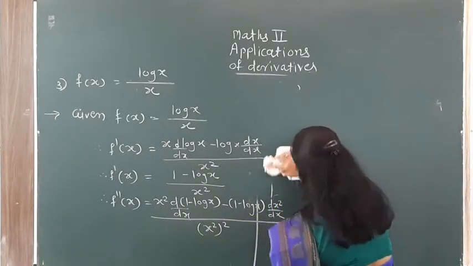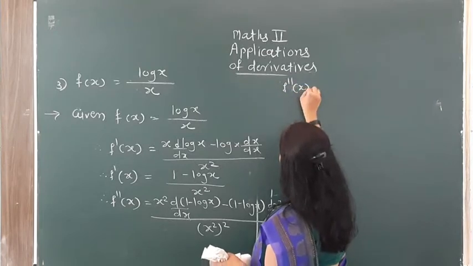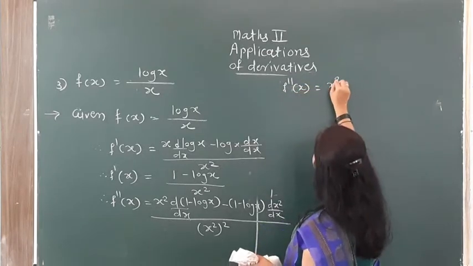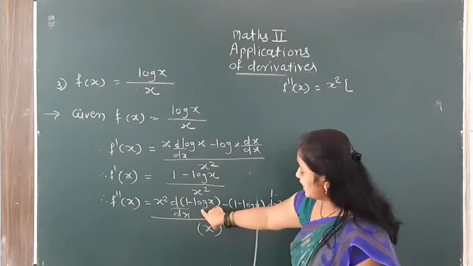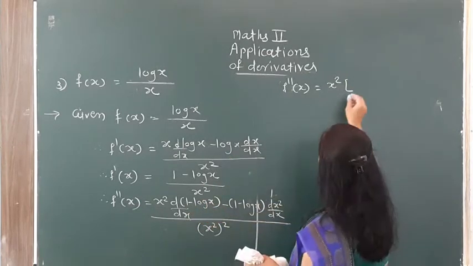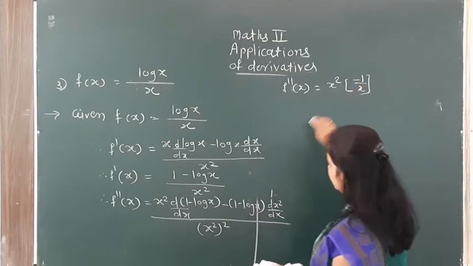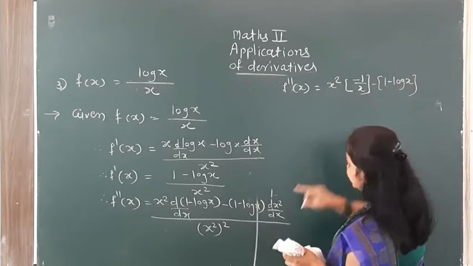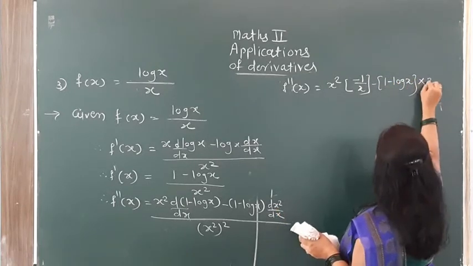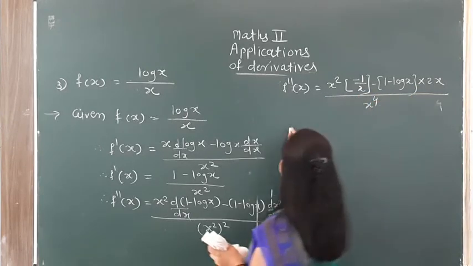The derivative of 1 is 0, the derivative of log x is 1 upon x, so minus 1 upon x. Minus 1 minus log x times the derivative of x square, which is 2x, divided by x raised to 4. Now again simplify.